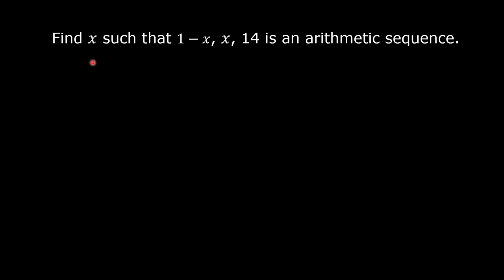Still the same problem. Find x such that 1 minus x, x, 14 is an arithmetic sequence. Another solution. Find the difference between the second term and the first term. That is x minus the quantity 1 minus x.